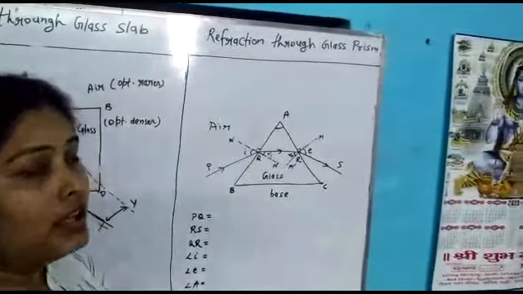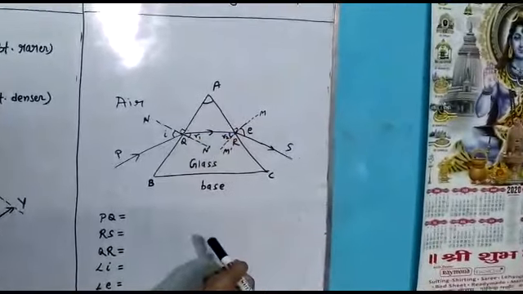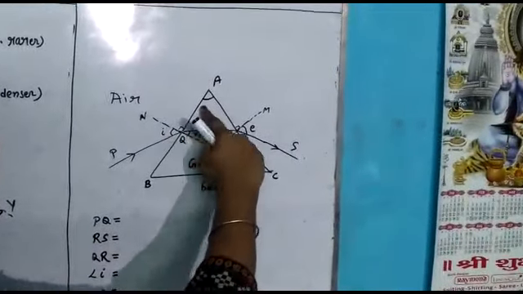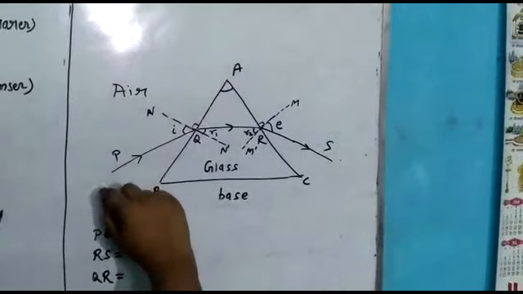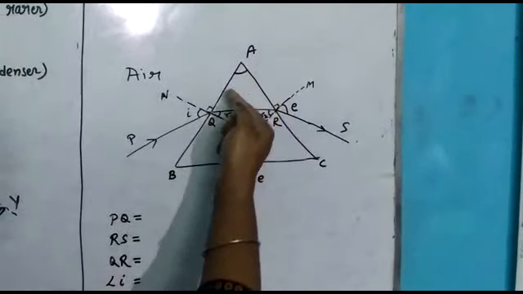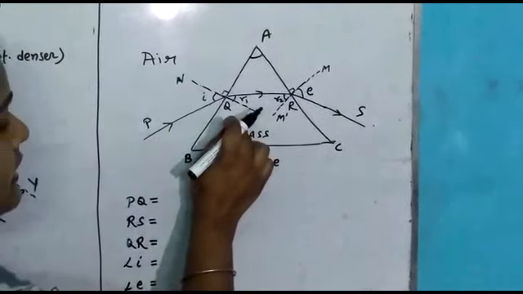Now let's see refraction through a glass prism. This is the front view of the glass prism. This is the angle of prism, that is A. This is the base, and here the ray PQ is incident on this plane. You know this is air and this is glass.